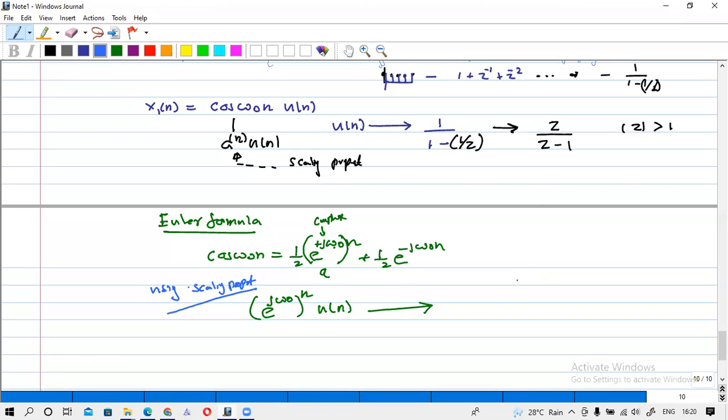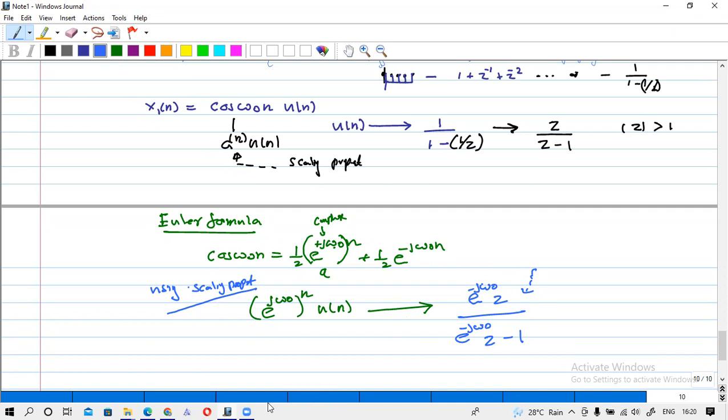So instead of z, I write e to the power minus j omega naught z divided by e to the power minus j omega naught z minus 1. Correct? Did I make any mistake here? I think I am okay. So this is the scaling.